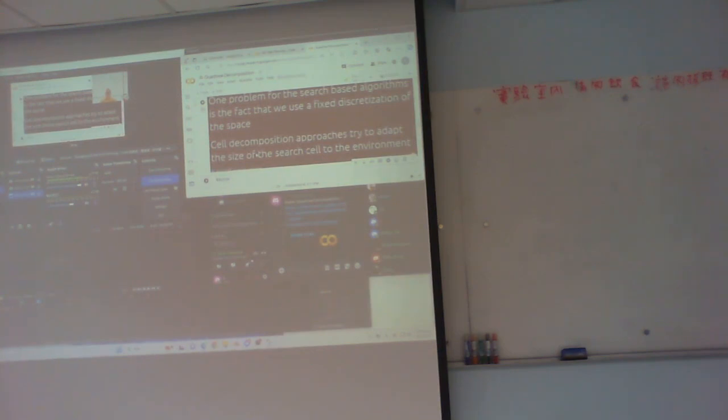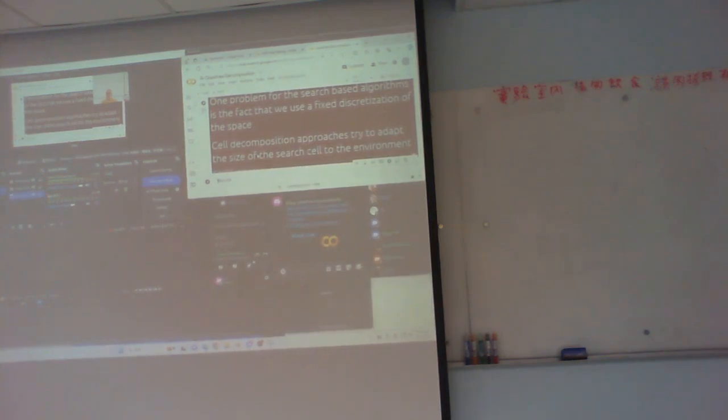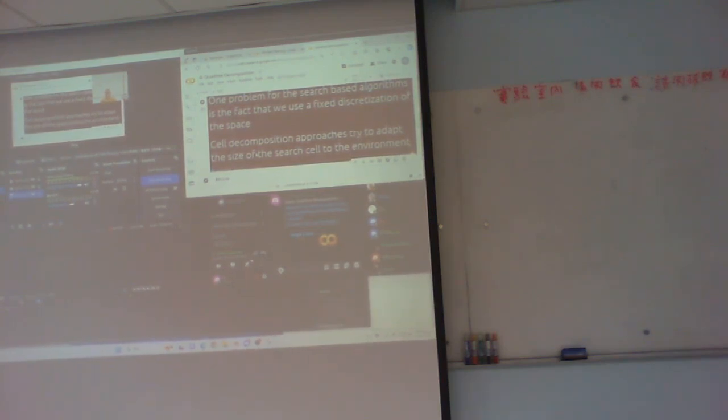Now, that is crucially important because as a search process, the runtime cost usually grows exponentially with the number of cells that you need to move through in order to move from the initial state to the goal. So the more cells you have in your path, exponentially, the more expensive your path planning becomes.